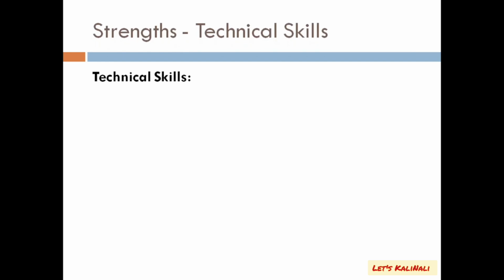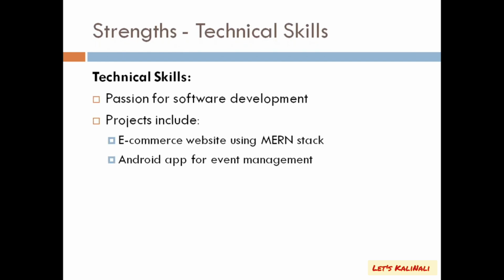are very important in academic backgrounds. And then they need to mention their technical skills when we come to a technical student. Here, they need to mention their passion for software development, and how their passion is there.